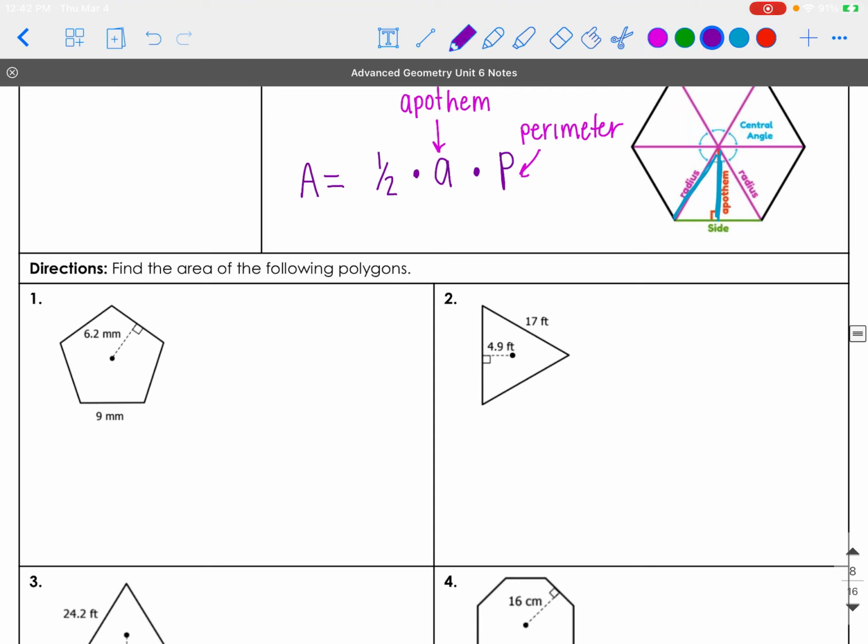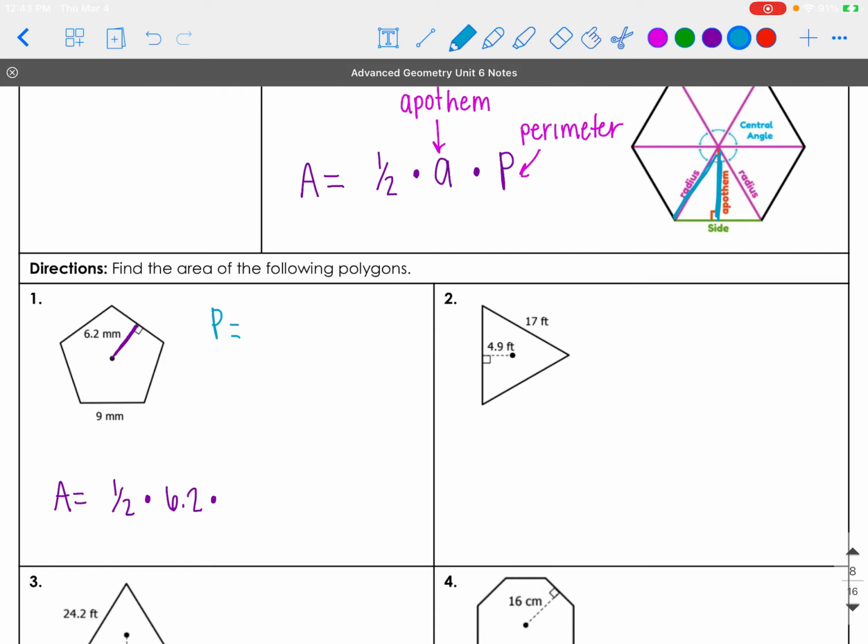So let's do an example. We have area is 1/2. The apothem, that is 6.2 times the perimeter. And let's go to the side and find the perimeter.